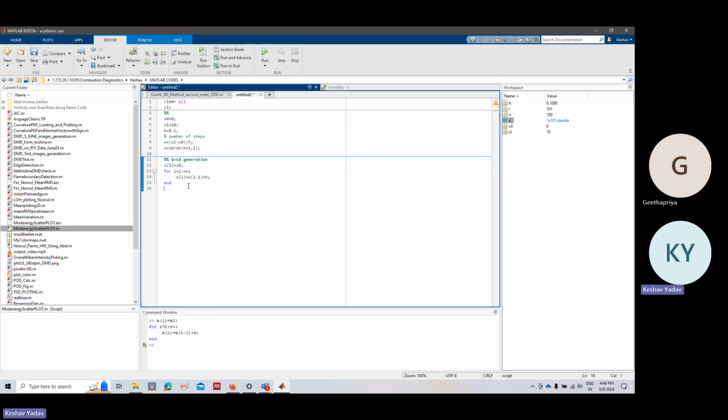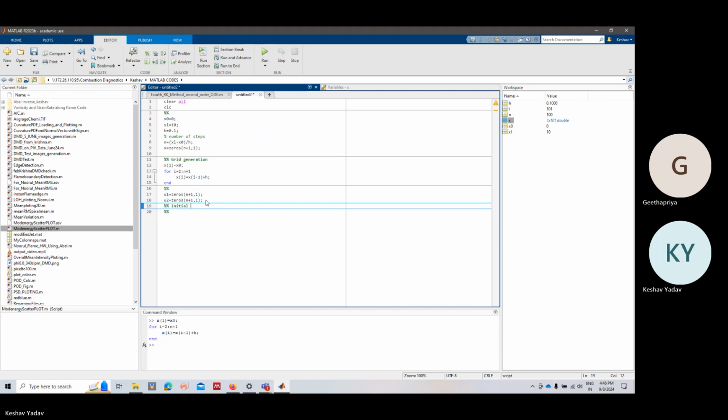Now I need to define the u. u1 will be similarly, I am initializing u1 to 0, similarly u2 to 0. And what are the initial values we have?